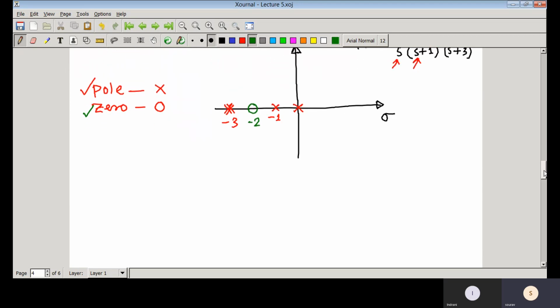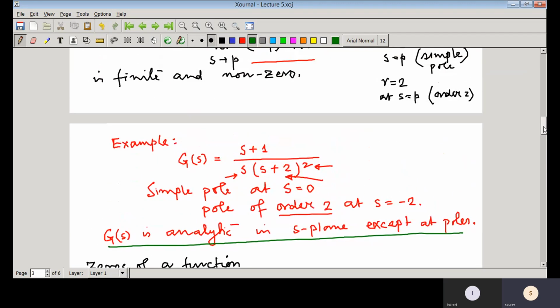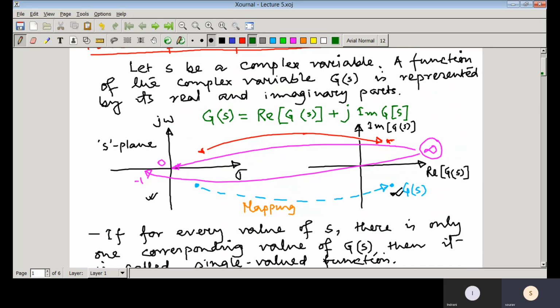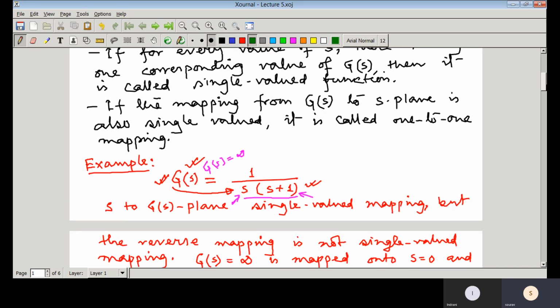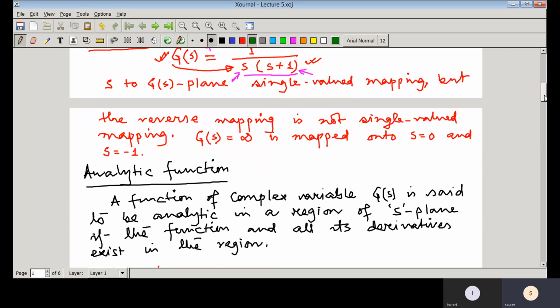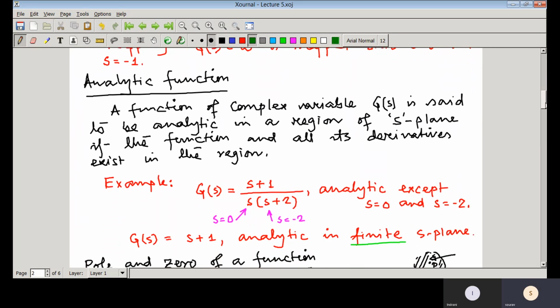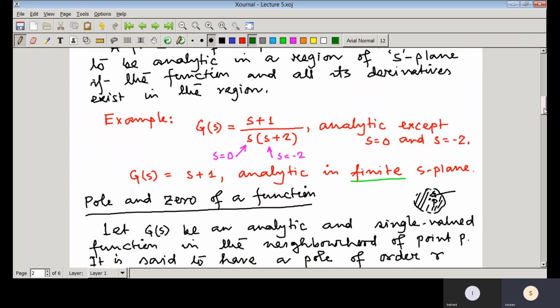So let us see what we have discussed so far. We have started with that function with complex variable, and then we have seen that mapping, single valued mapping and one-to-one mapping, and then we have taken some examples. We have discussed the definition of analytic function, and then we have given the concept of poles and zeros.